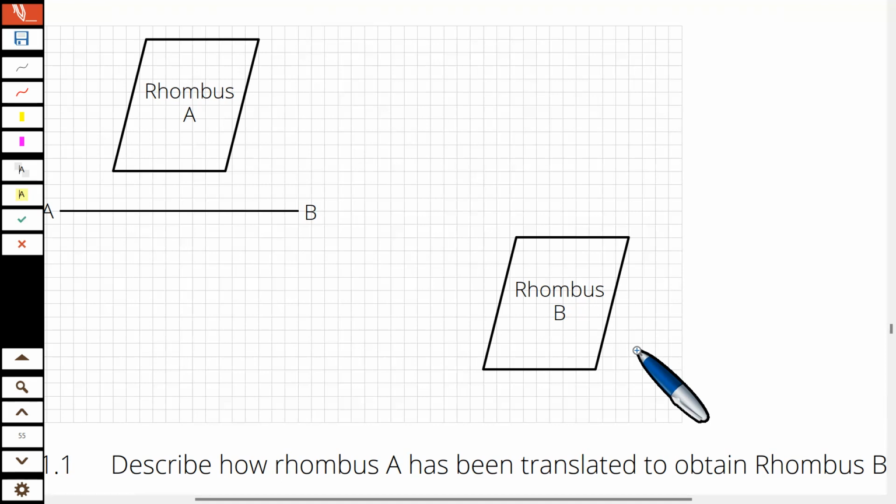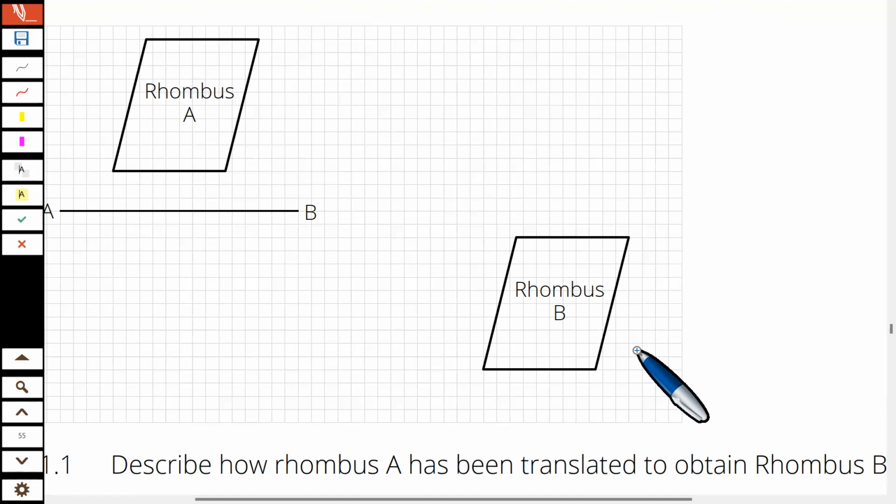Let's think about this together and observe something together. Okay, was it rotated? Let us see. But obviously you can see that it was not rotated.